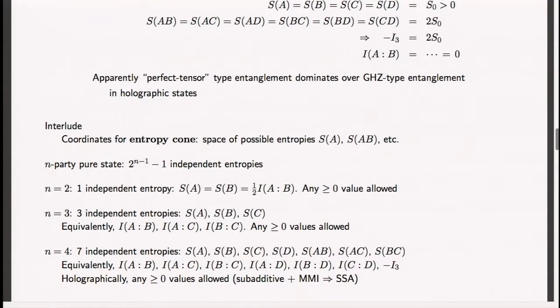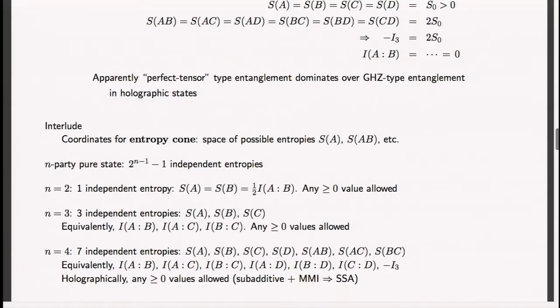So what's the 7th? Well, the 7th is minus I3. If you look at all of the constraints on the entropies, like they have to be positive, subadditivity, strong subadditivity, and so on, and you include the MMI constraint, which is positivity of this last one, then we know from subadditivity all of these have to be positive, and it turns out that's not only necessary but sufficient.